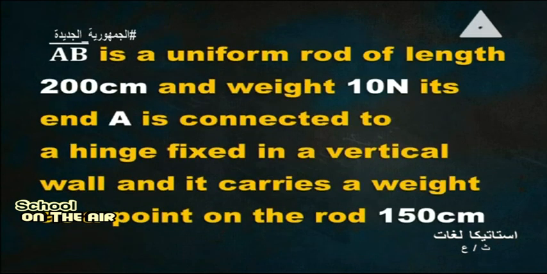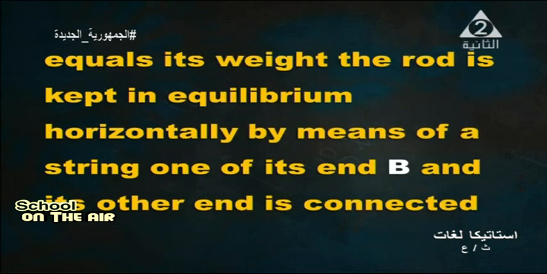Now we move to another example. AB is a uniform rod of length 200 centimeters and its weight is 10 Newton. Its end A is connected to a hinge fixed in a vertical wall, and it carries a weight at a point on the rod 150 centimeters from A, equal to its weight.